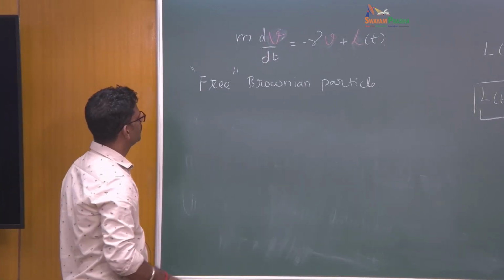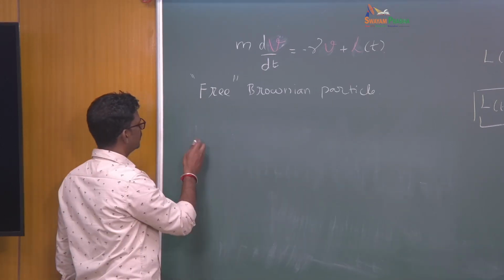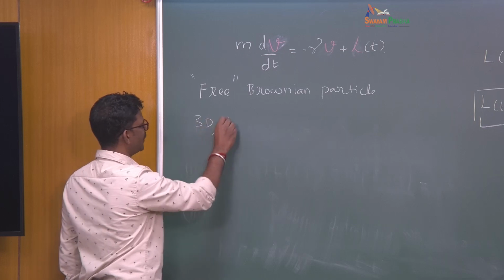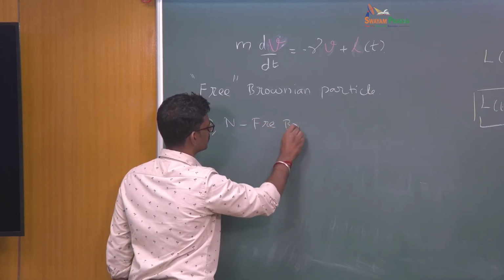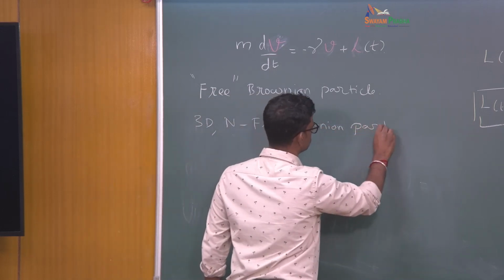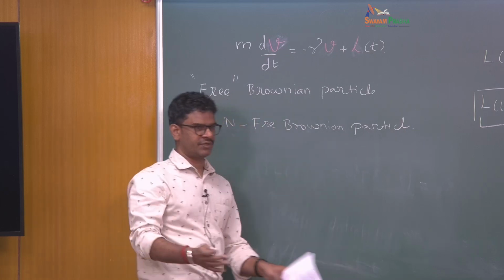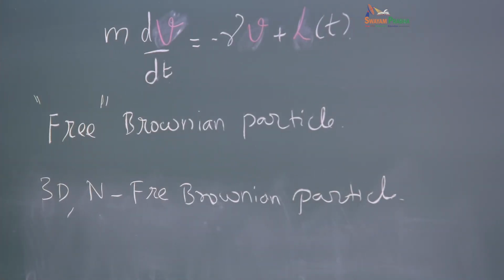And so what we are saying is we can do two things. We can say 3D, and also you have, let's say, n free Brownian particles. So then we are talking about a collection of n Brownian particles undergoing free Brownian motion in 3 dimensions.